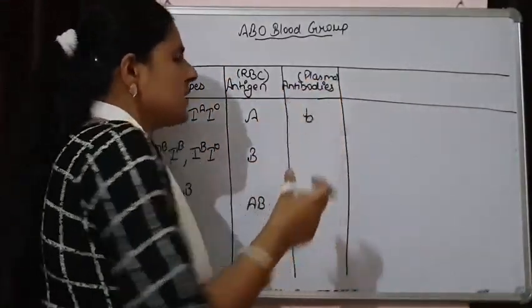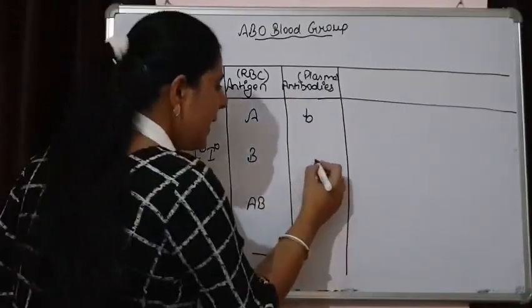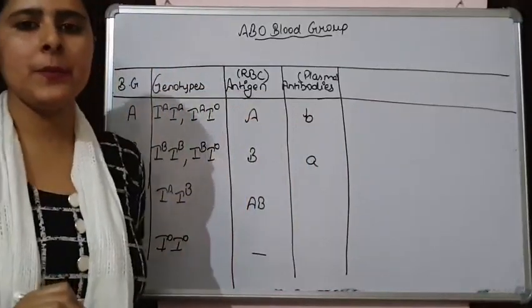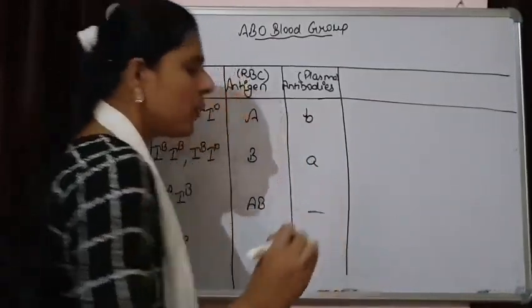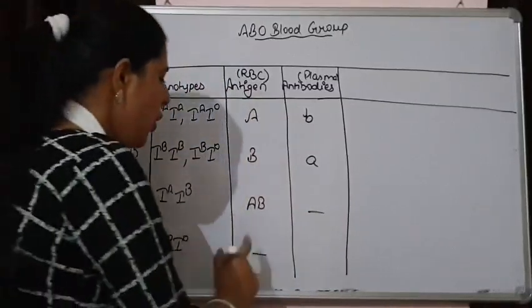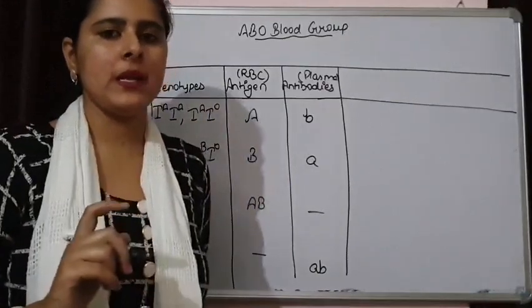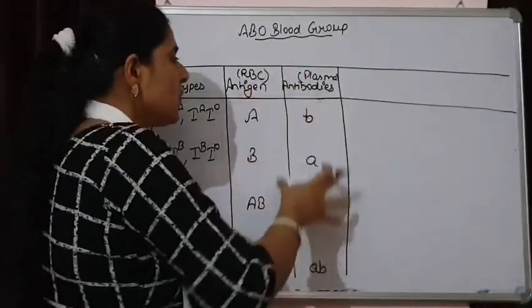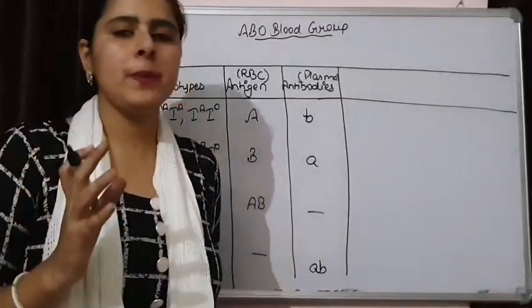This is basically represented by a small alphabet. For antigen B, anti-A antibody will be present in the blood plasma. For AB, no antibodies are present, and in O blood group, both the antibodies are present in the blood plasma.